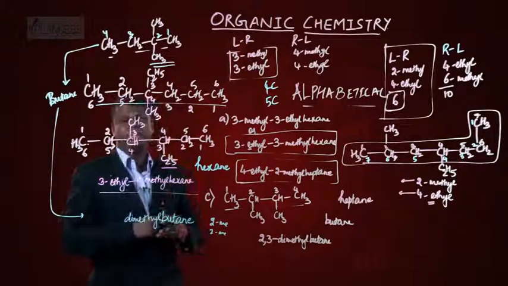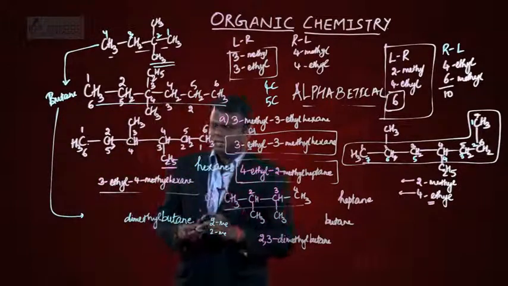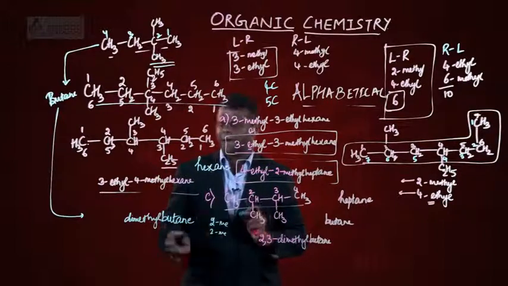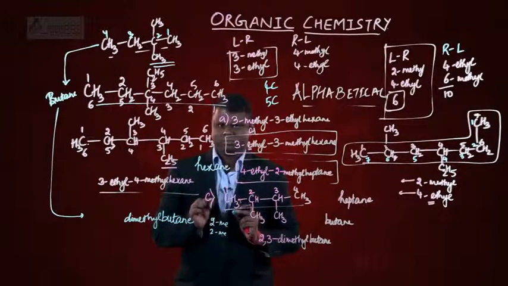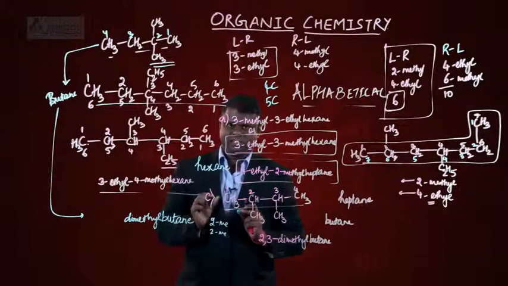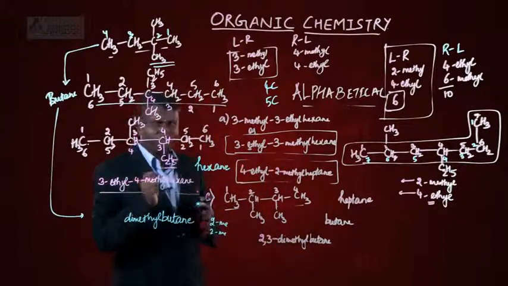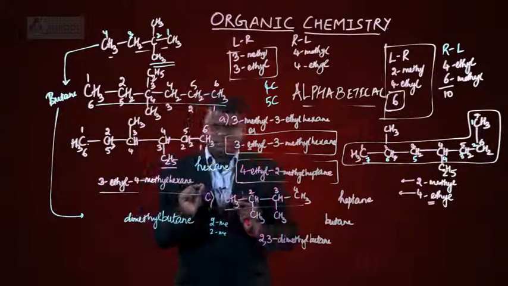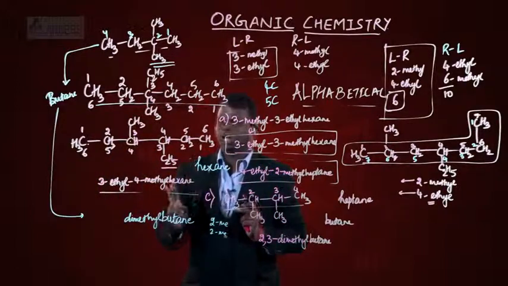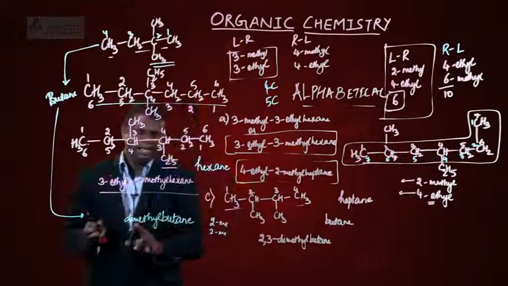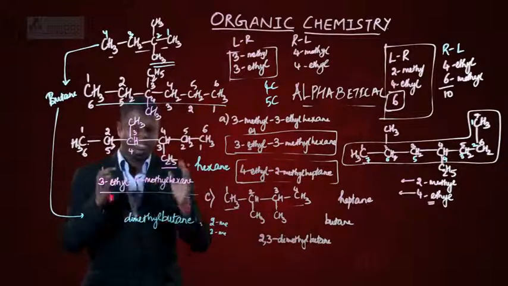Now there is a very important rule that there should not be any gap between 2 words. There should be a dash between an alphabet and a number. There should be a comma between 2 numbers. So dimethyl and butane have to be together without any spacing.